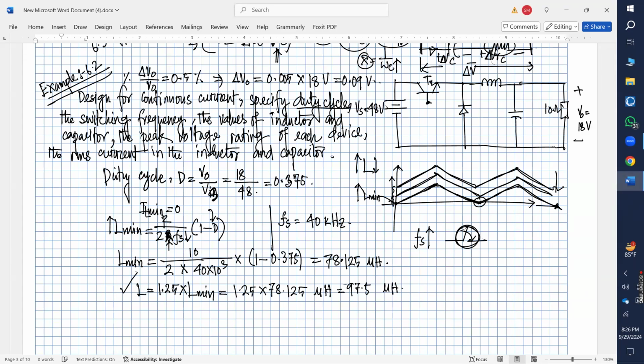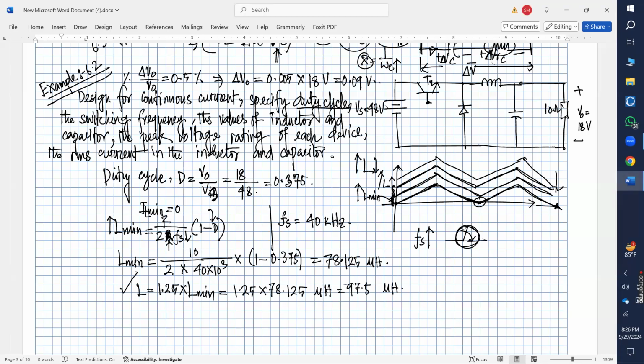As you put more and more L value, the current will shift upwards. So there is no thumb rule that you have to take 25%. You can take 10%, 15% based on your choice.